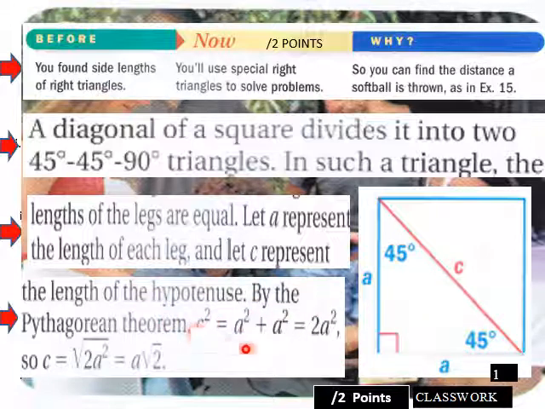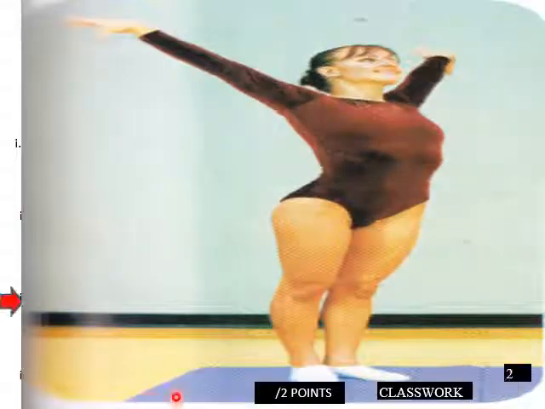So here's our Pythagorean theorem. By the Pythagorean theorem, C squared equals 2A squared. So C equals radical 2A squared, or A times square root of 2, in a 45-45-90 context. So what does that mean?